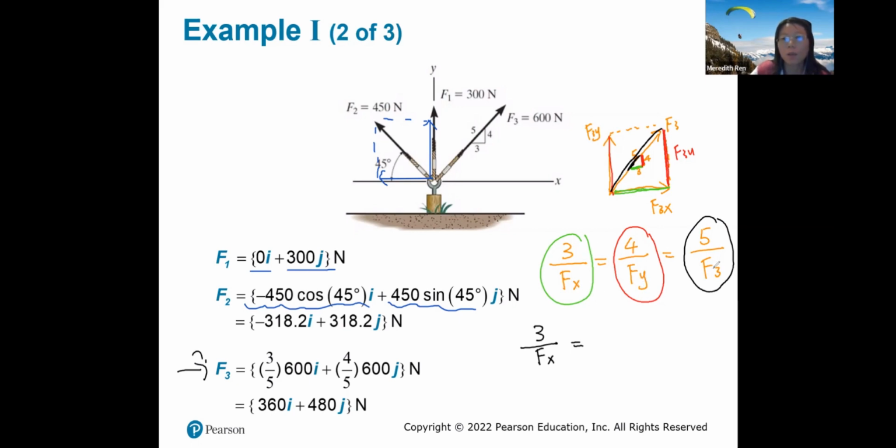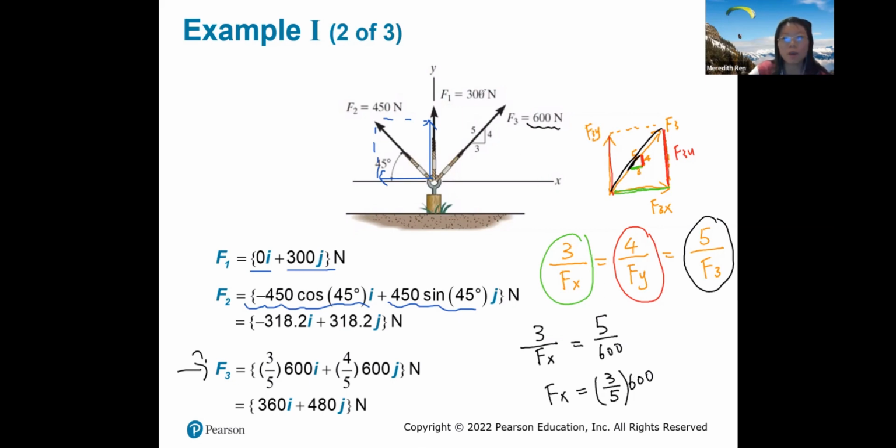That's what we're looking for. But F3, we know the diagonal is 600 Newton. Okay, so plug it in. 3 over Fx equals 5 over 600 Newton. That means in this equation, your Fx is going to be 3 over 5 times 600. I will let you look at the algebraic part yourself.